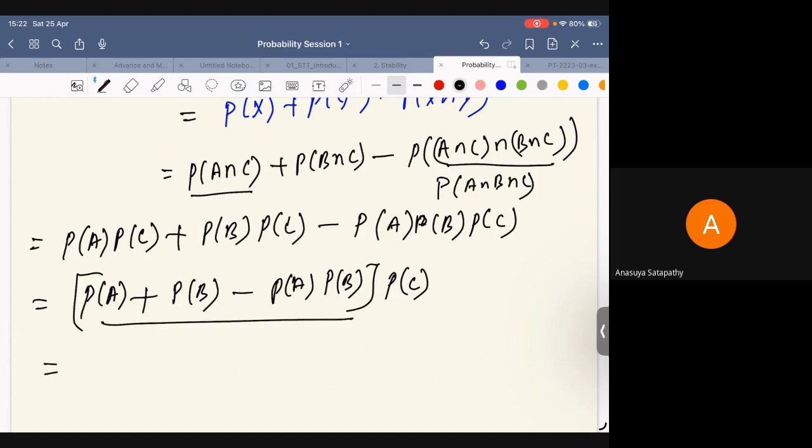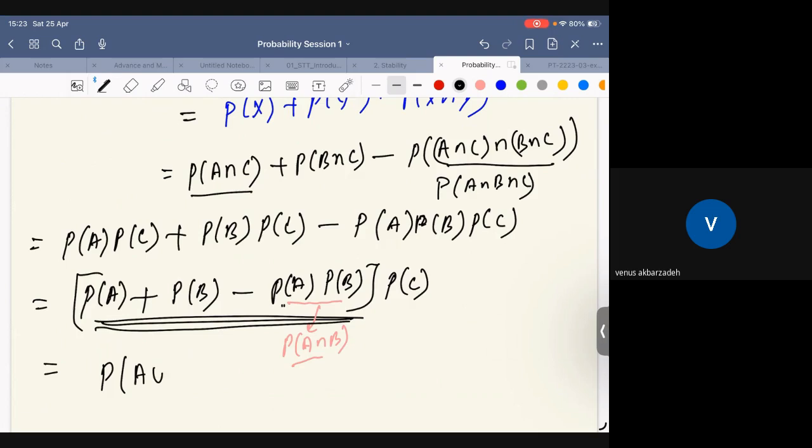Okay, what is the formula of this part? P of A union B. Can I write this part as P of A union B, because they're independent, so I can do vice versa? So can I write this whole part as P of A union B times P of C?